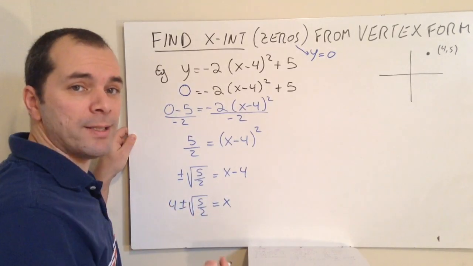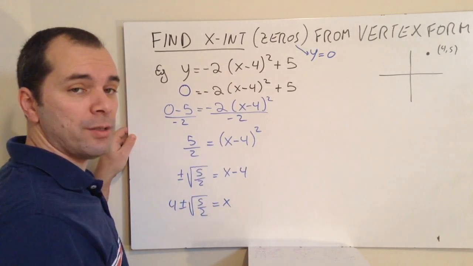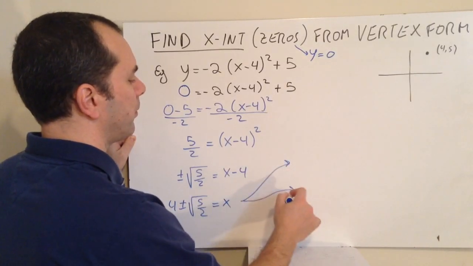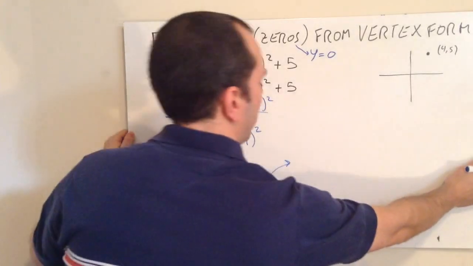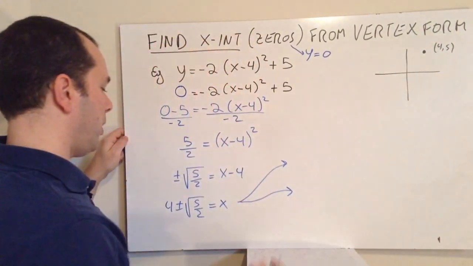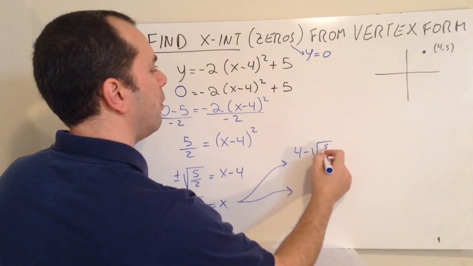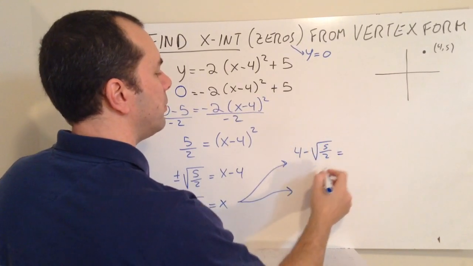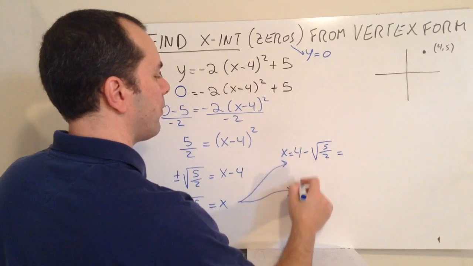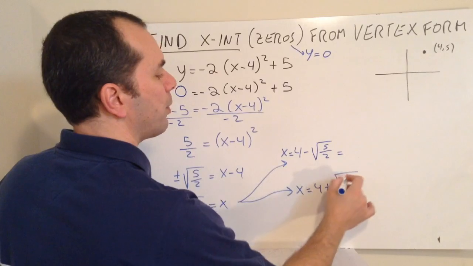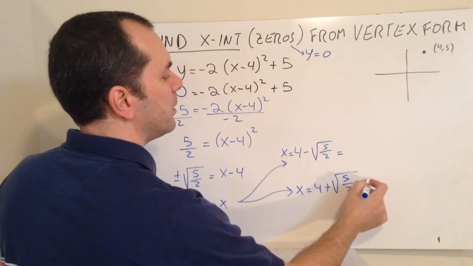Now this plus or minus is not one operation, it's actually 2. So basically it means that I need to write 2 answers. And I'll probably go down, but I just don't have enough room. So I have that 4 minus the square root of 5 over 2 is equal to x, or that 4 plus the square root of 5 over 2 is equal to x.